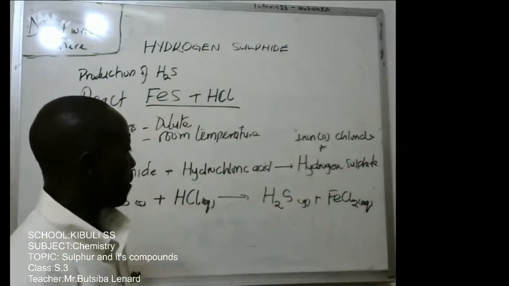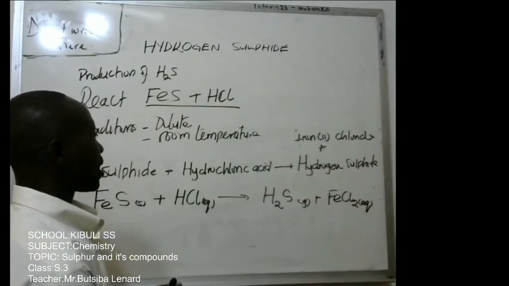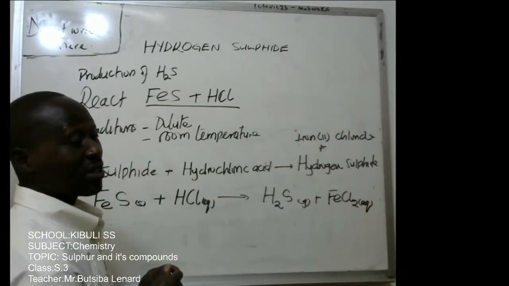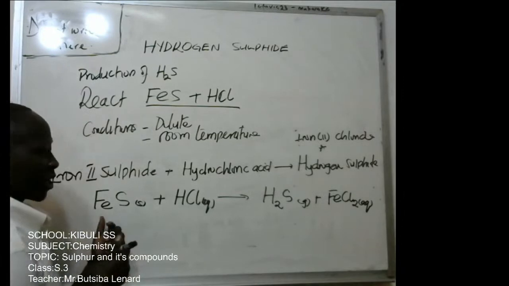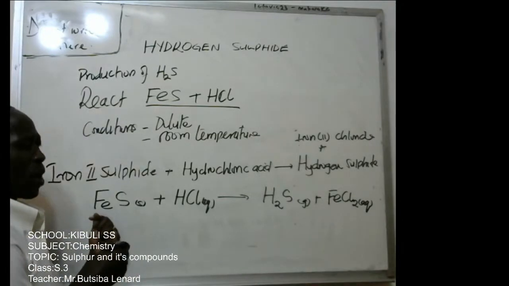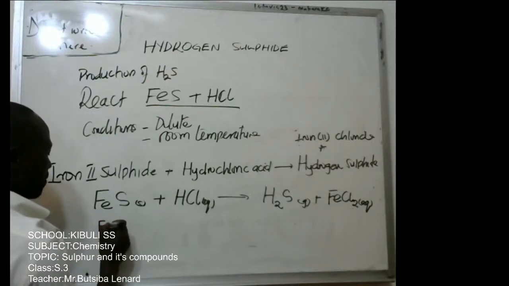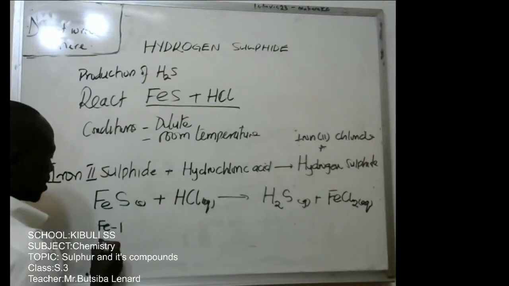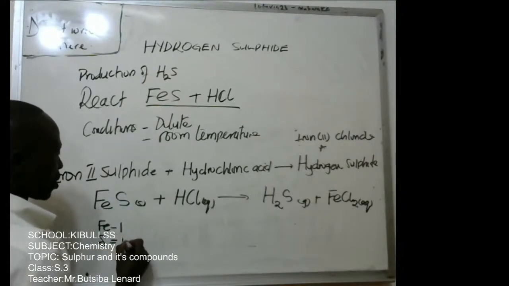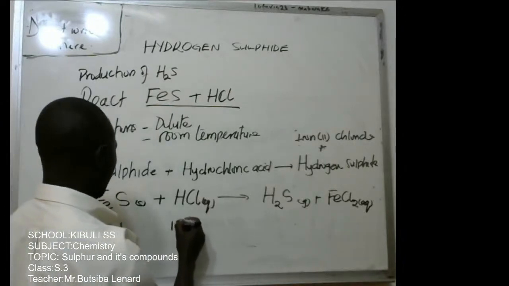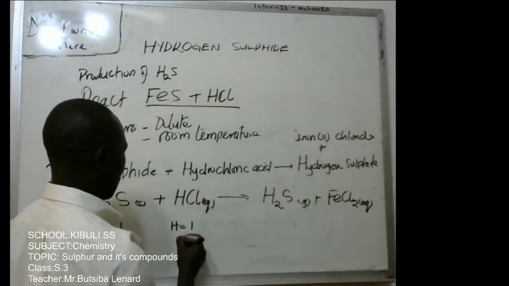So from here, you can endeavor to find out whether our equation is balanced or not. We shall check. There is one atom of sulfur, iron here. Iron, there is only one, you can see. Sulfur is only one. Here hydrogen is only one.